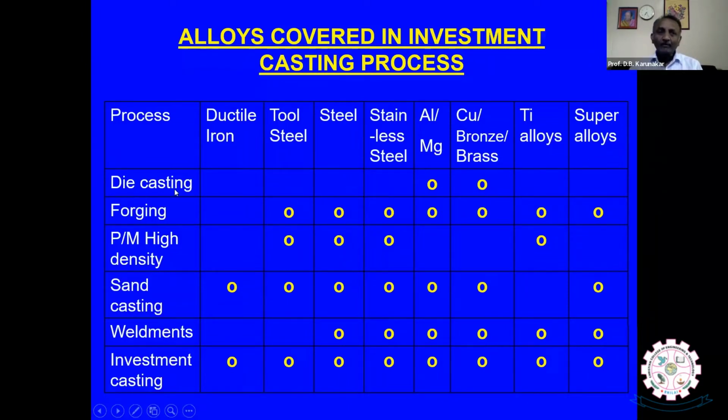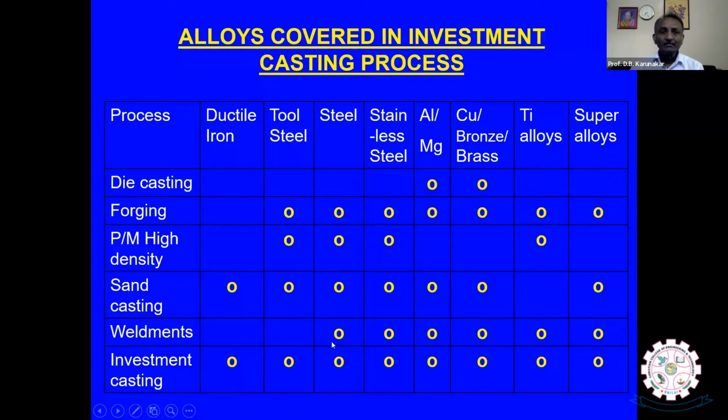In die casting, only aluminum, magnesium alloys, and copper, bronze alloys can be manufactured. Other materials cannot. In forging, tool steel, stainless steel, aluminum, magnesium, copper, bronze, titanium alloys, and super alloys can be processed. Ductile iron, no. Powder metallurgy: tool steel, stainless steel, aluminum, and titanium alloys. Only these four can be processed. In sand casting, almost all the alloys can be processed except titanium alloys.